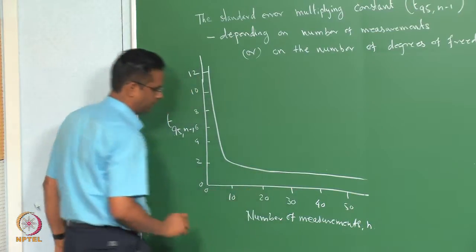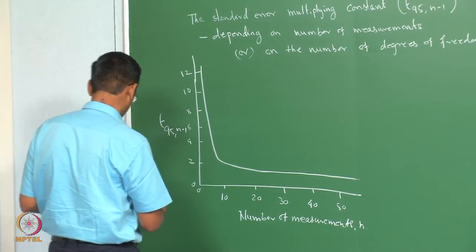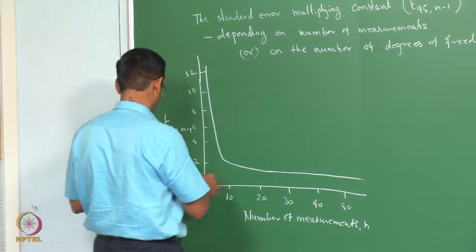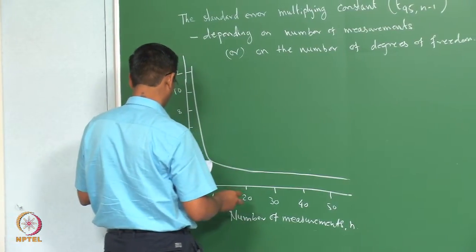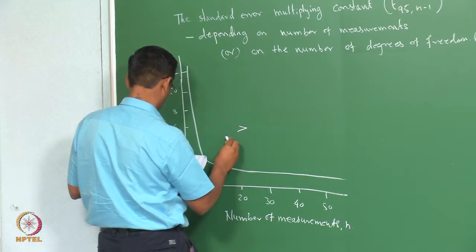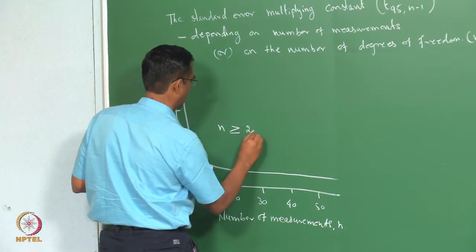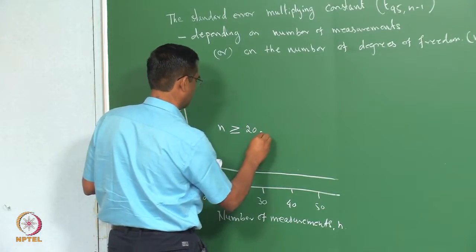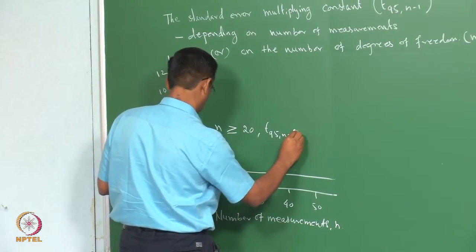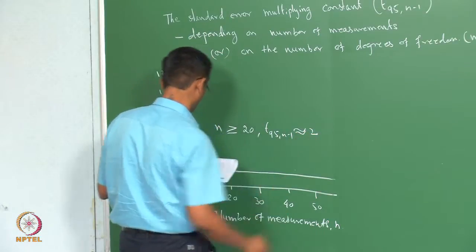I mentioned this in the last class. So, we can write this: if n is greater than or equal to 20, the T95 n minus 1 tries to stabilize around 2.